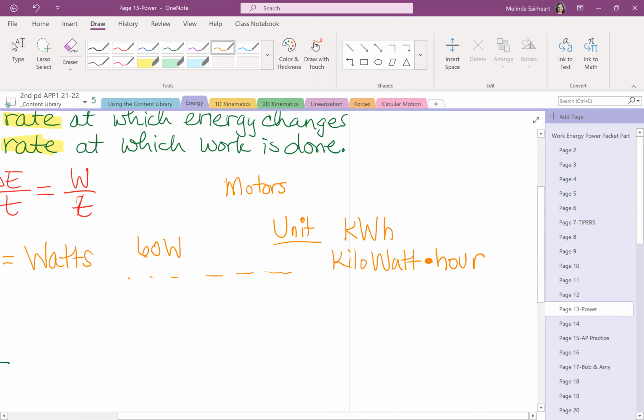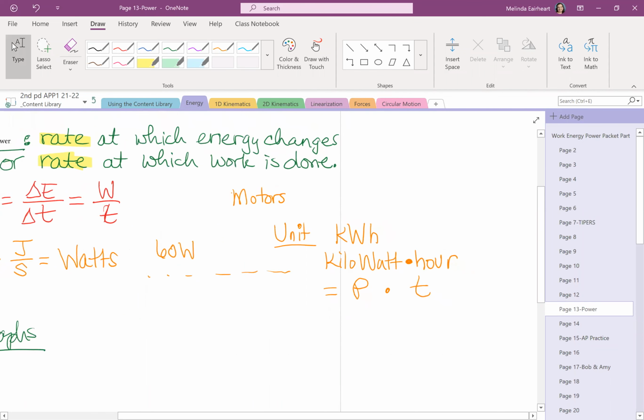Do they care what kind of light bulbs you use? What is this a unit of? Kilowatt hour. I got power times time. What is kilowatt hour a unit of? Okay, work and energy.